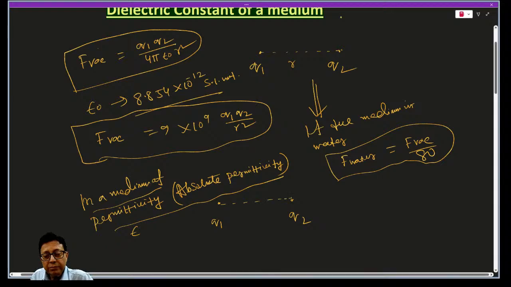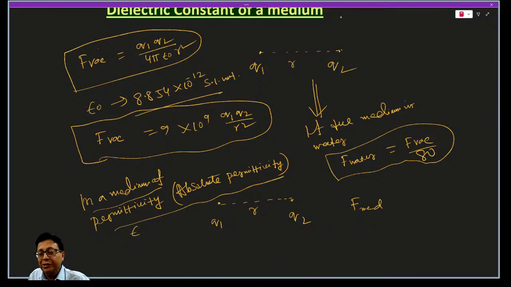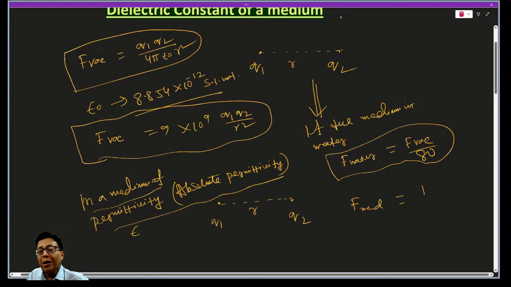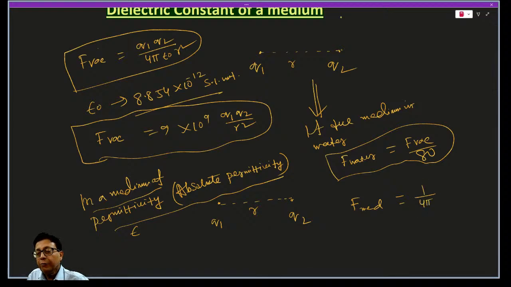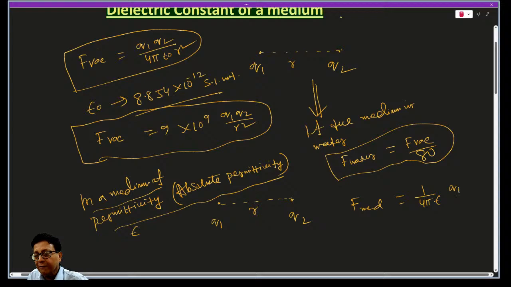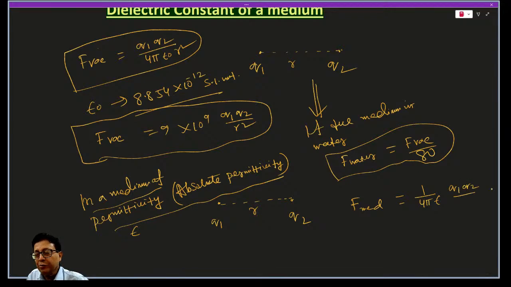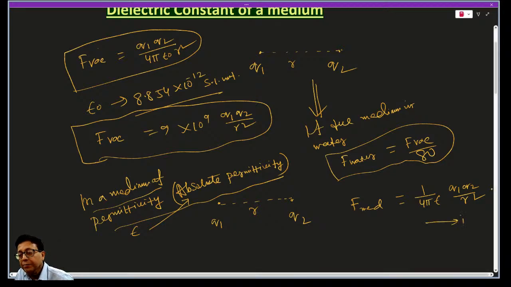The F medium will take this form by using Coulomb's law only, that is 1 by 4 pi epsilon Q1 Q2 by R square. This epsilon is referred to as absolute permittivity. So this is in a medium.